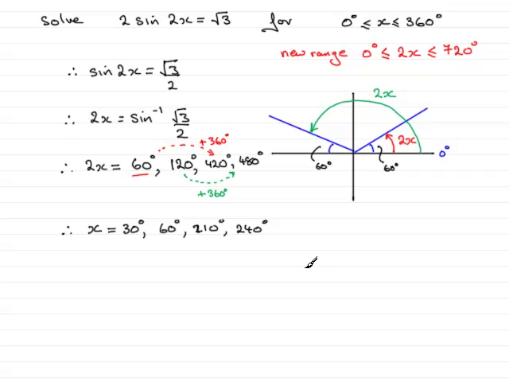I will point out one other common mistake that is made though. You'll find that some people will come down here and write 2x equals 60 degrees, as we had. Then they'll divide that by 2 and get x equals 30 degrees. And then they will draw their quadrant diagram, marking in the lines like so, and calling that angle 30 degrees and working off that as their x value.